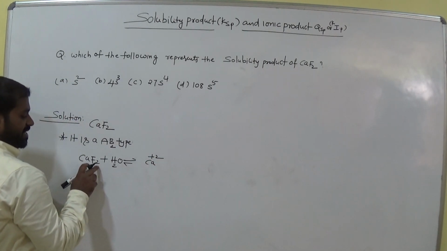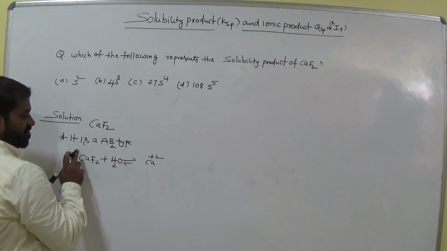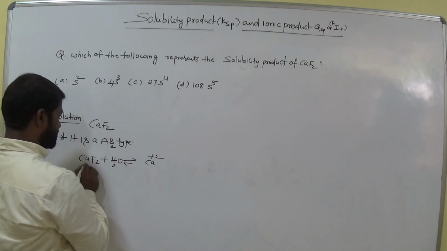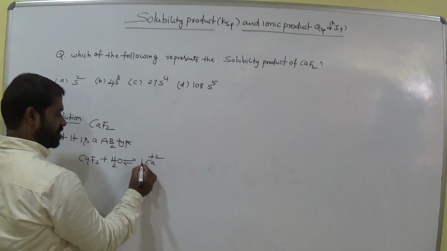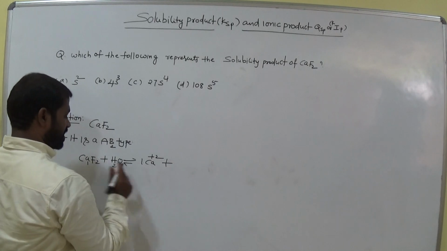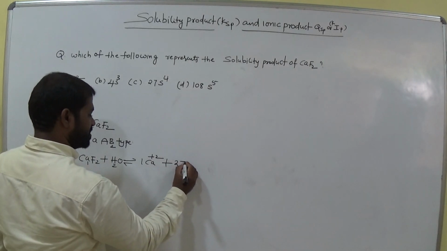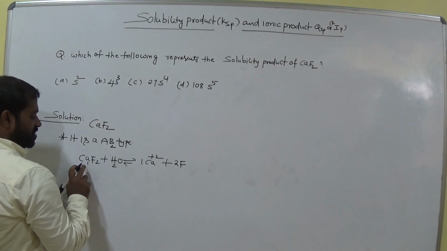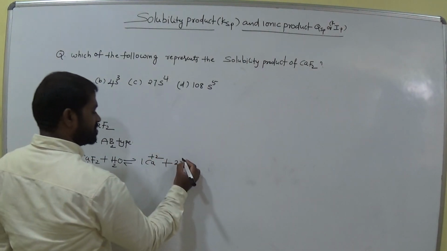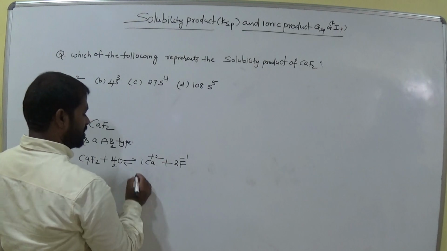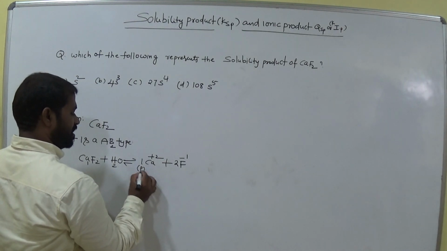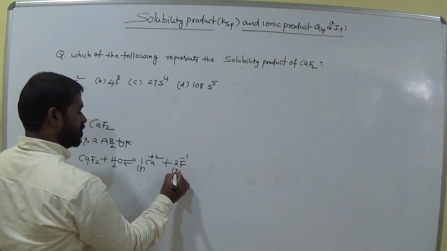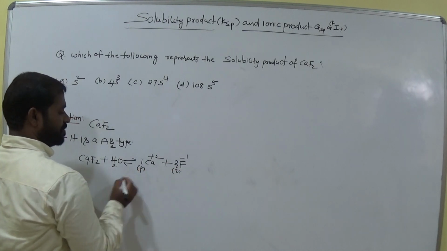Because that is the oxidation state of calcium. How many calciums do we have? 1, so it is 1 mole. Plus, what about this one? We have 2 fluorines. What is the oxidation state of fluorine? It is minus 1. Now this one is P and this one is called Q.